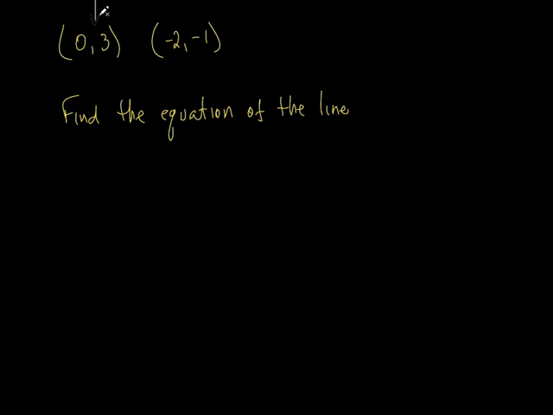See, she recognized that 0, 3 actually lies right on the y-axis. Doesn't it? Because look, this point 0, 3, 1, 2, 3. So what's your y-intercept right off the bat? It's 3, isn't it?